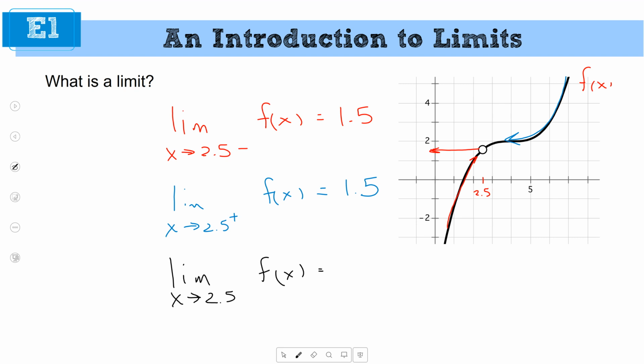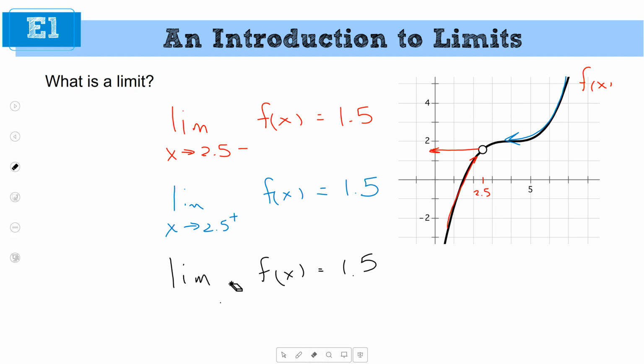The red one stipulates coming from the left. The blue one stipulates coming from the right. The black one makes no stipulation. It just asks you what's the limit at 2.5. What do you think the answer is? 1.5. Good. Okay? We're good. And we'll come back to this concept in a second.